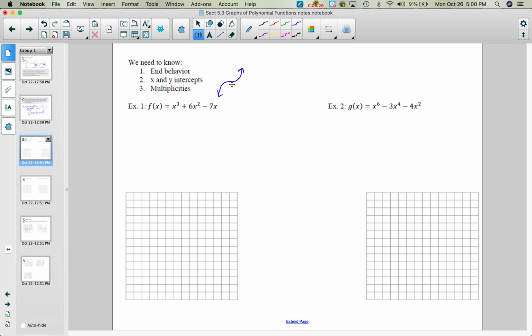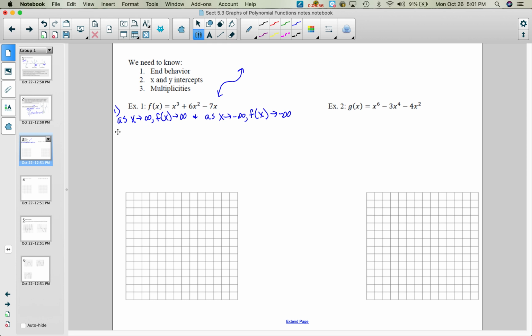Now, it could have a couple twists and turns in between, but we know that the end behavior looks like this, and we can say as x goes to infinity, f of x goes to infinity, and as x goes to negative infinity, f of x goes to negative infinity. So that's our end behavior.